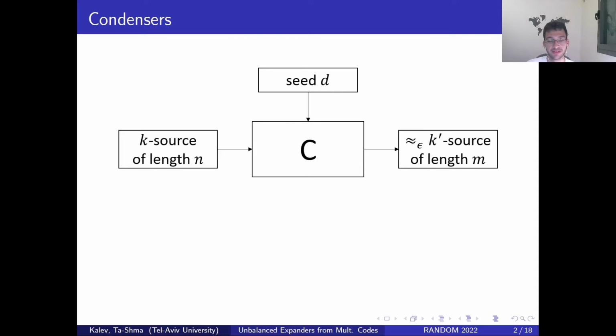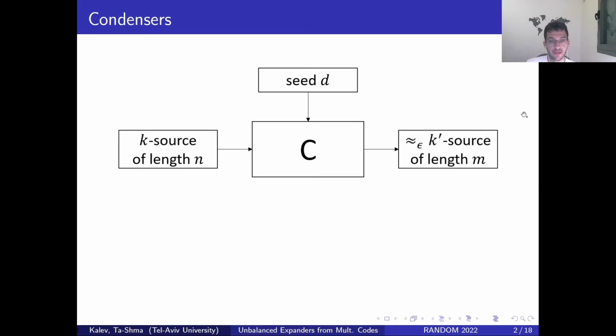Intuitively, what a condenser tries to do is take the k-source of length n and condense it into a smaller world of size only m, while maintaining as much of the min-entropy as possible. To do so, it uses the uniform seed which it is given.